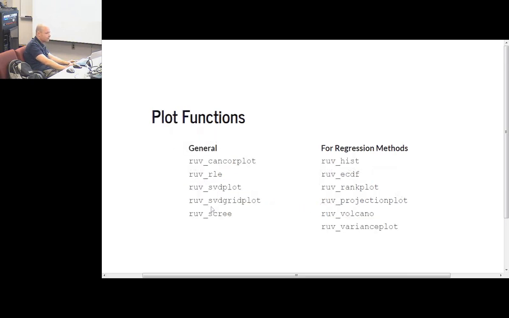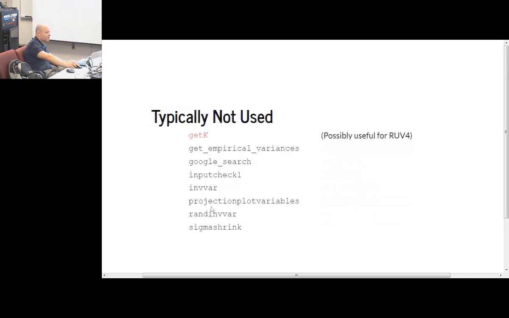There are some functions for making nice plots, and there are also a couple of functions that are exposed to the user, but not actually intended to be used on a regular basis. There are some cases where they might be useful, but on a regular basis, probably not. The one that I really want to draw your attention to is getK, which I've highlighted in red.